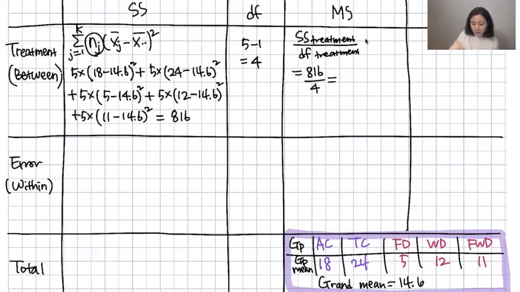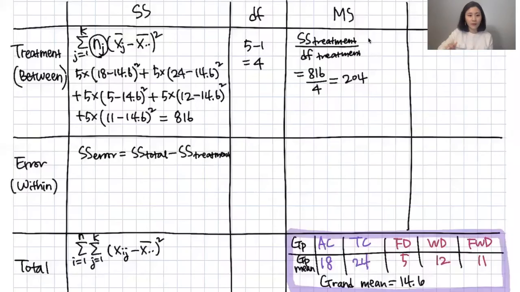And sum of squares error is sum of squares total minus sum of squares treatment. We need to calculate the sum of squares total first. The formula is to subtract the grand mean from each subject's score, square it, and then sum them up across all subjects in all groups.